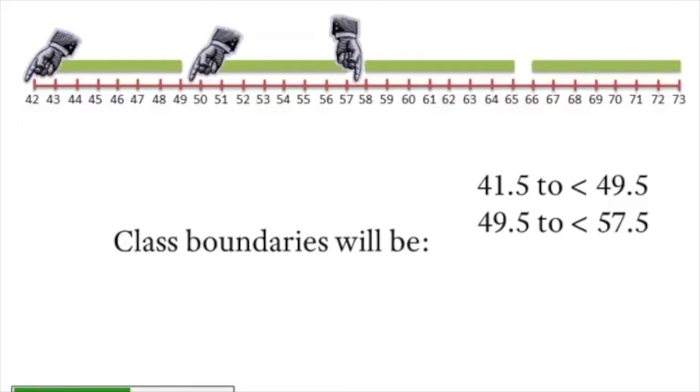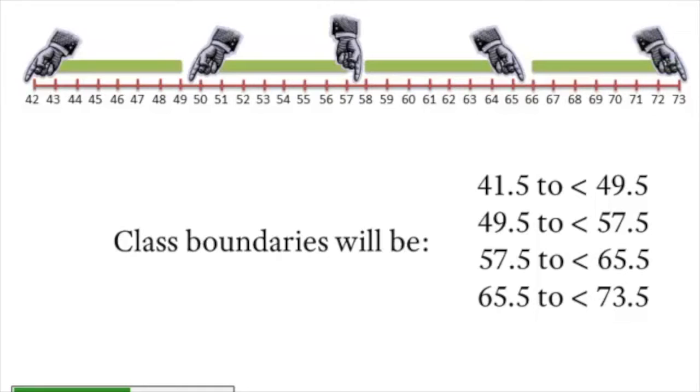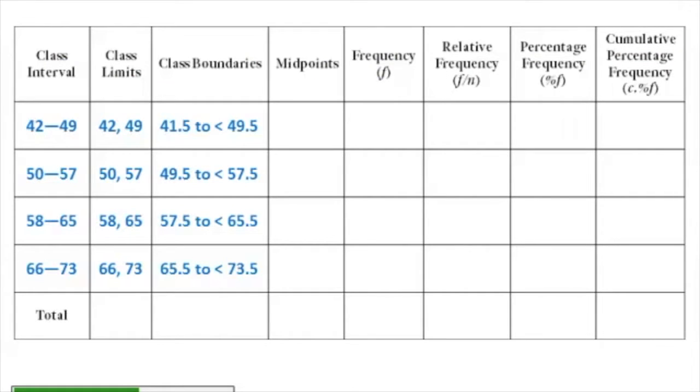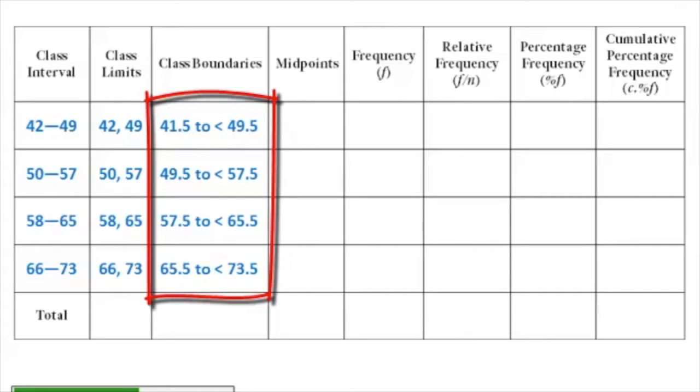For the third class boundary, we have 57.5 to less than 65.5, and finally for the fourth class boundary, we have 65.5 to less than 73.5. Now that we have our class boundaries, we can enter those in our table.